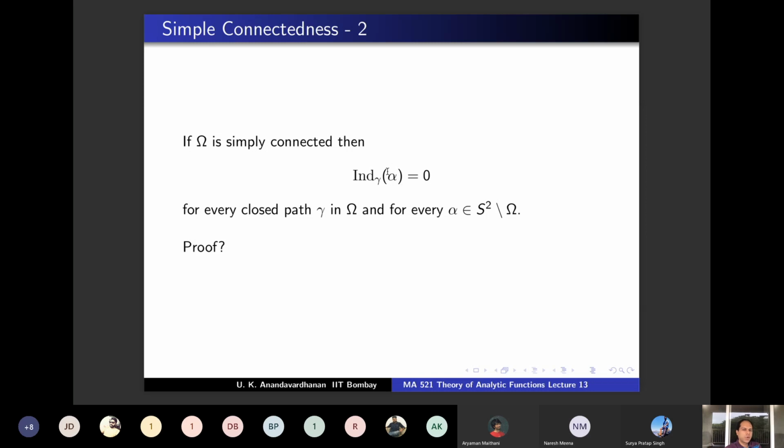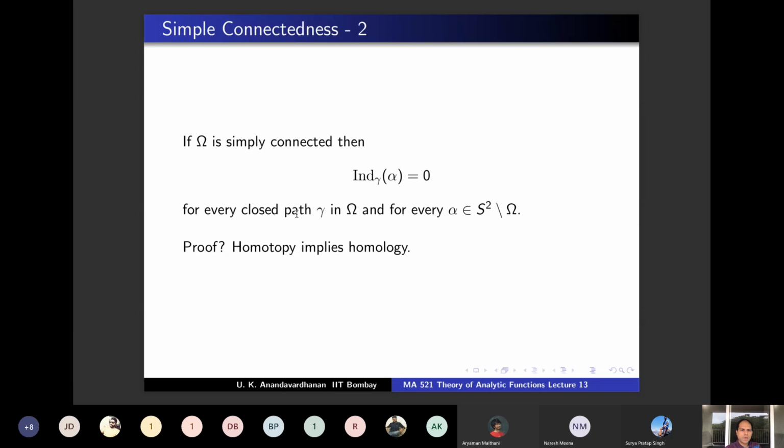So the index is 0 on the constant path trivially, so a constant path is homologous to 0. So if you give a closed path gamma, it is homotopic to a constant path, but homotopy implies homology. Therefore, it is homologous to the constant path, but the constant path is homologous to 0. Therefore, gamma is homologous to 0.